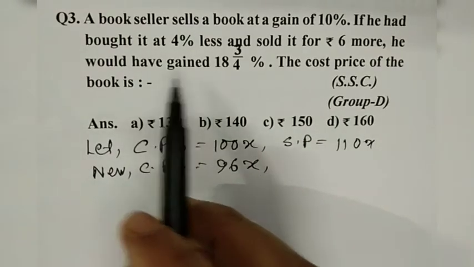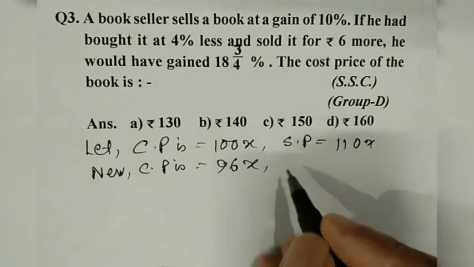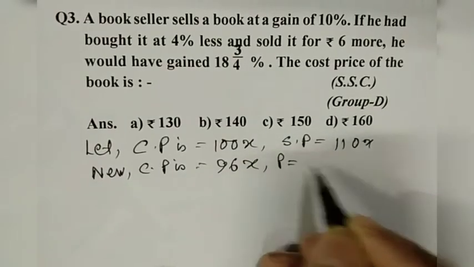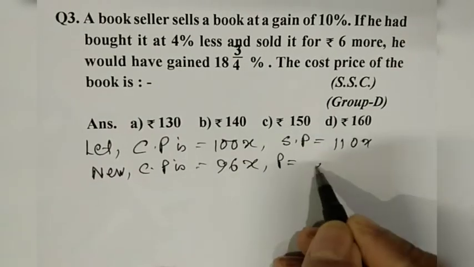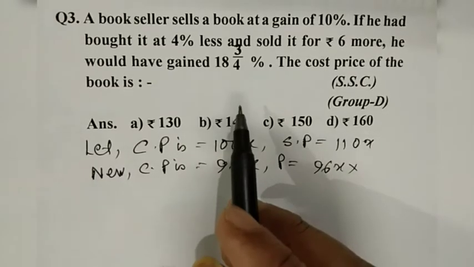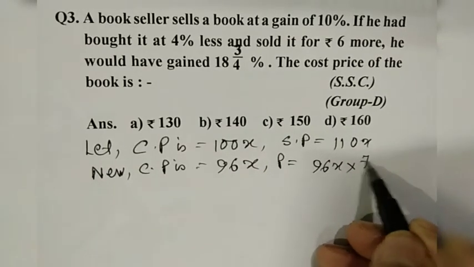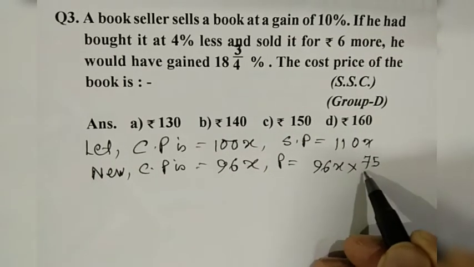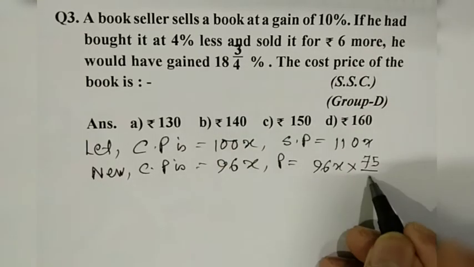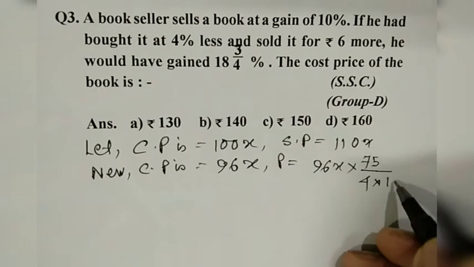Okay, he would have gained 18 and 3 by 4%. Then profit is 96x into 75 by 4%, means into 100.